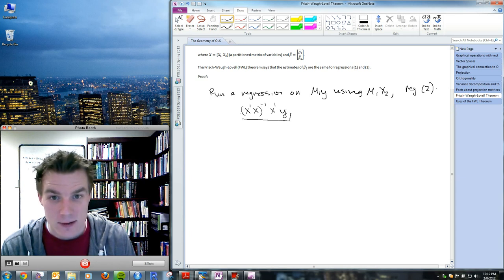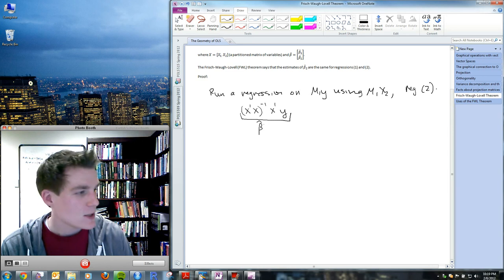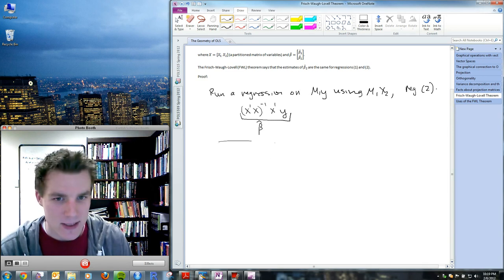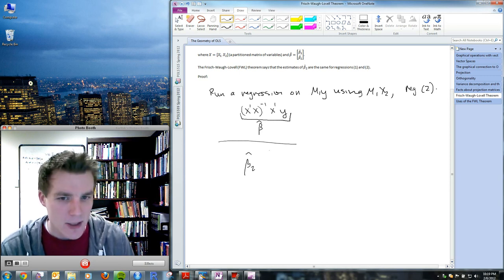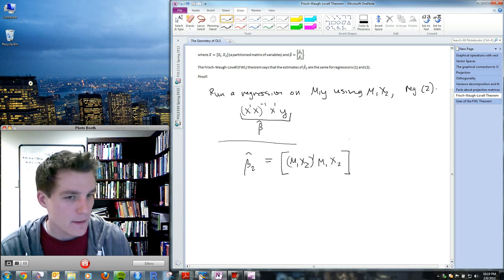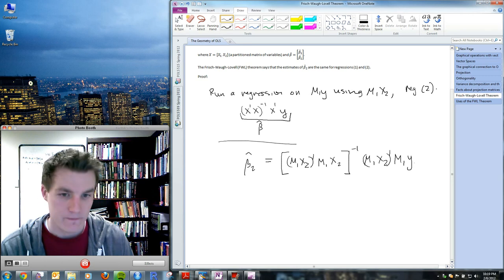This gives you beta hat. So beta 2 hat from this partition vector up here is equal to m1 x2 transpose m1 x2 inverse m1 x2 transpose m1y.